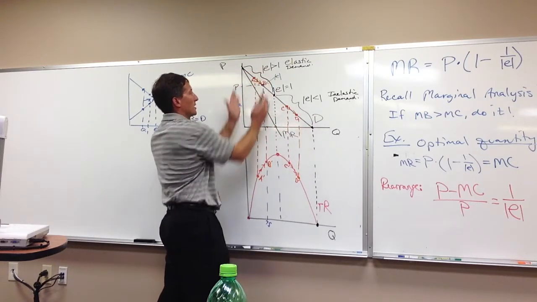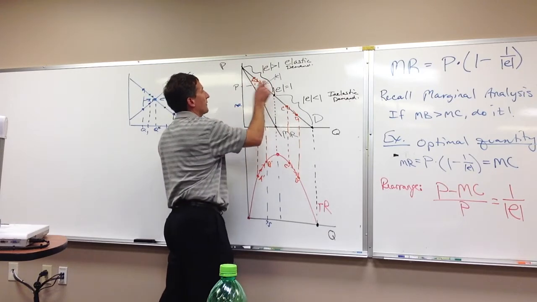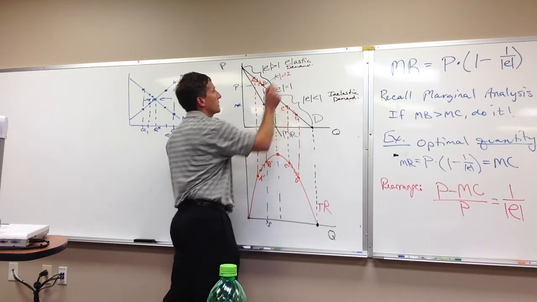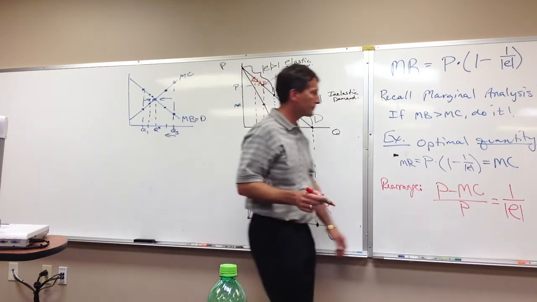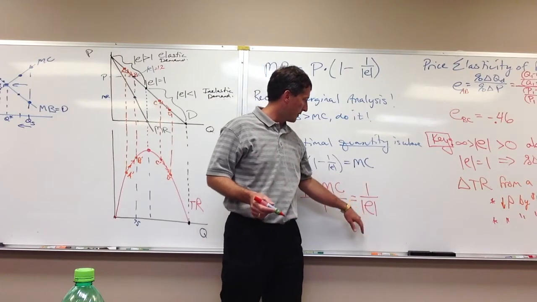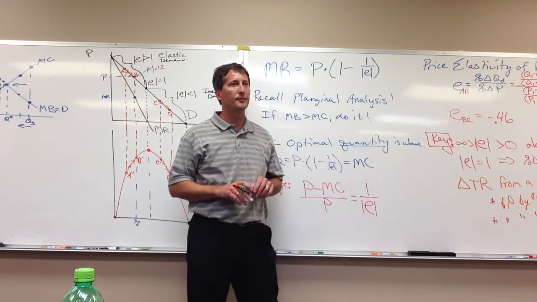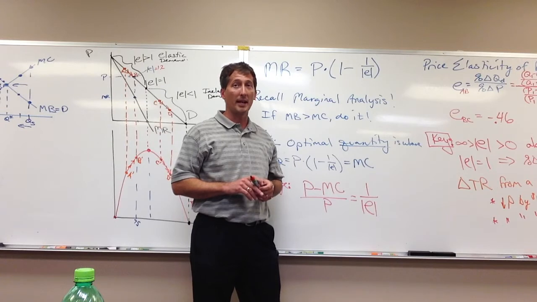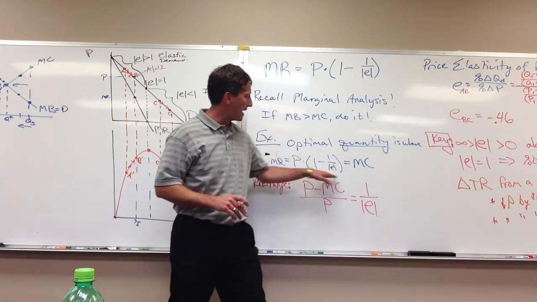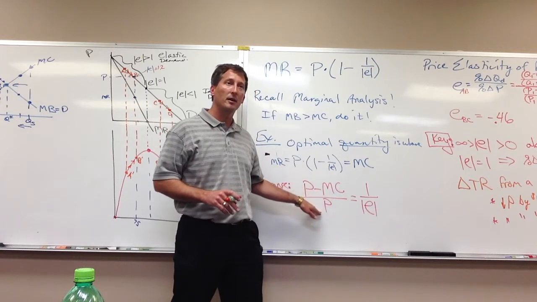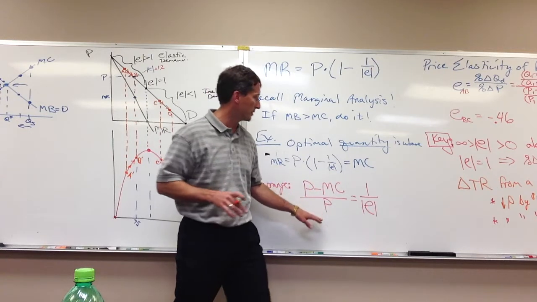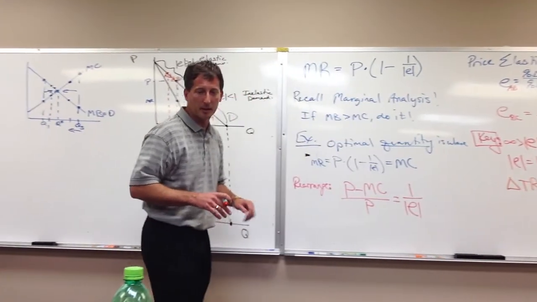So once we're over here, though, if the elasticity of demand is some number, calculator for me, 1 divided by 1.2, 0.83. And that gives you a nice way to plug the numbers in on the markup.